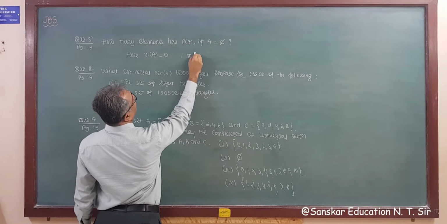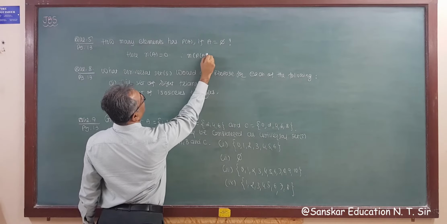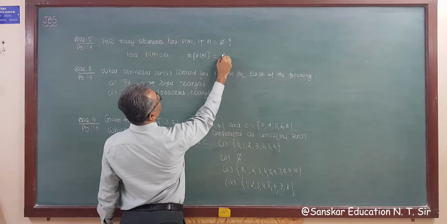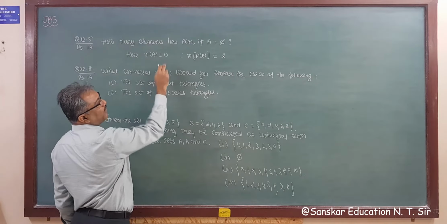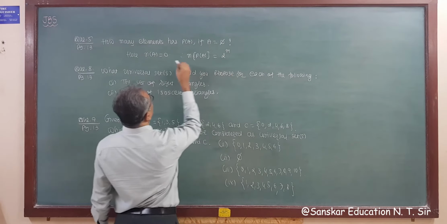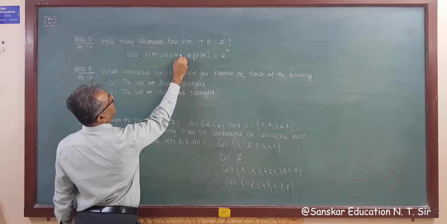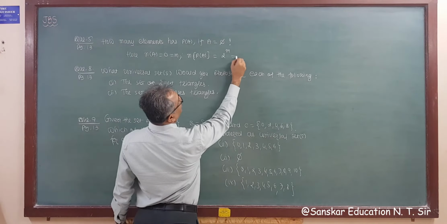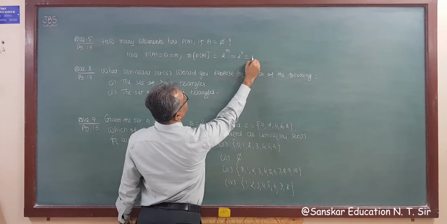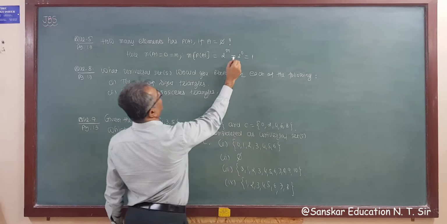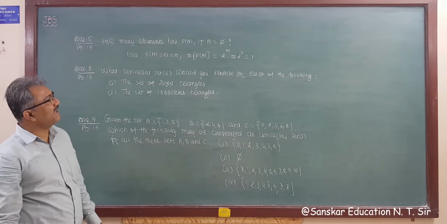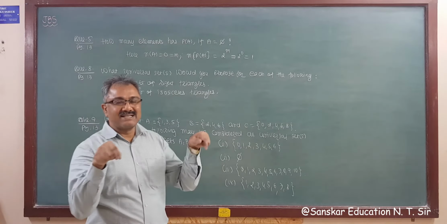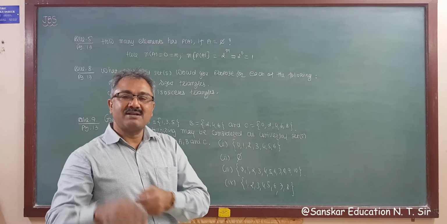Therefore, the number of elements of the power set of A is equal to 2 raised to the number of elements of A, that is 2 raised to m. If you put m equal to 0, then 2 raised to 0 is 1. So the power set of A has only one element.